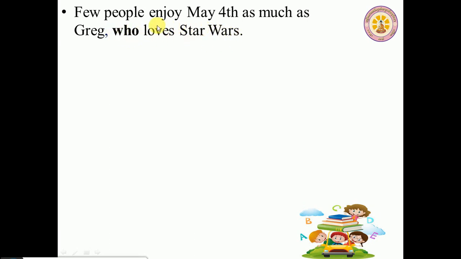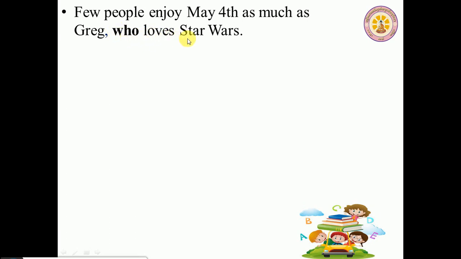The relative clause here is not important. We can erase the relative clause here because it's not essential, because the noun that it modifies is already understood, like the name of a particular person, so it is already known. So the clause is not essential here. That we call a non-essential relative clause.